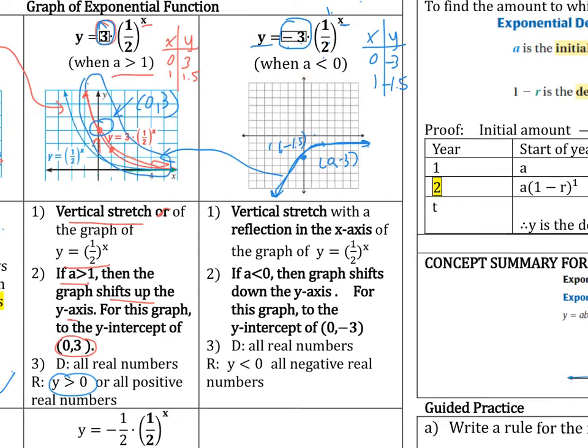Okay, so if I were to move this graph over, you can see it better.